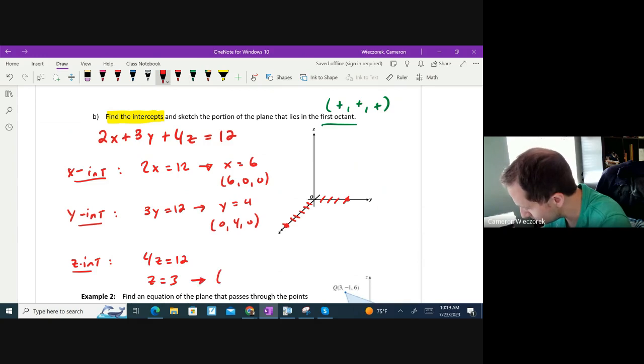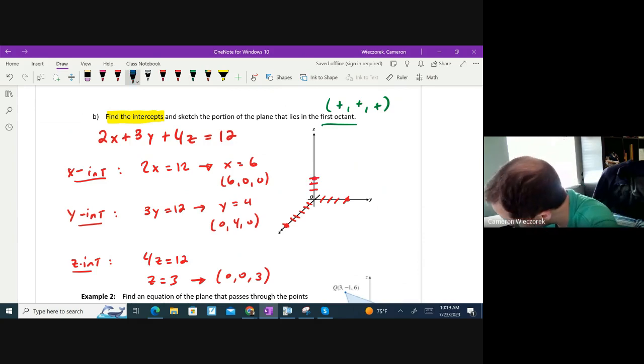So at the point 0, 0, 3, I go 3 units up on the z-axis and connect these together. Let's do blue. So this would be the portion of the plane lying in the first octant.